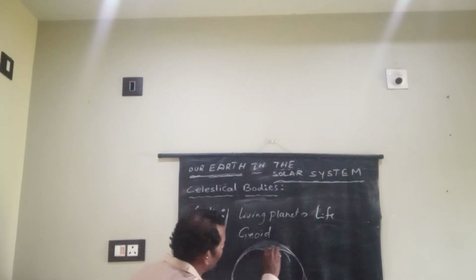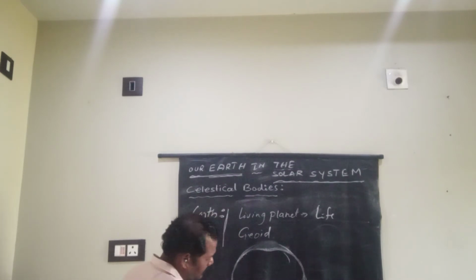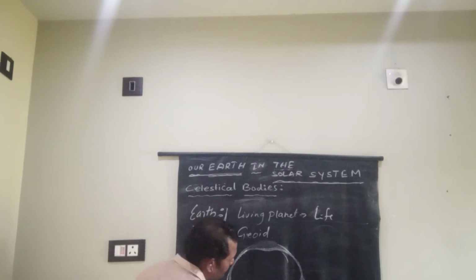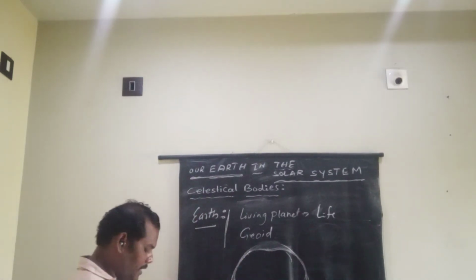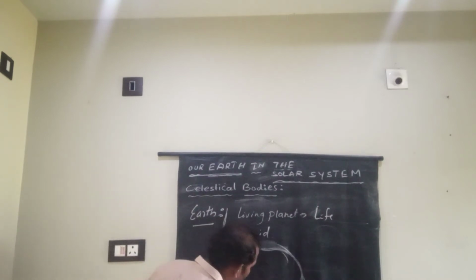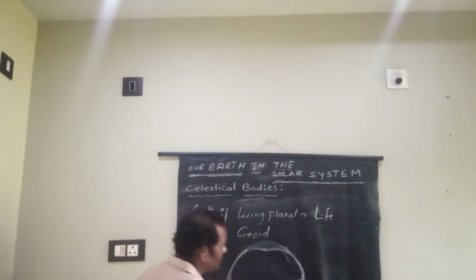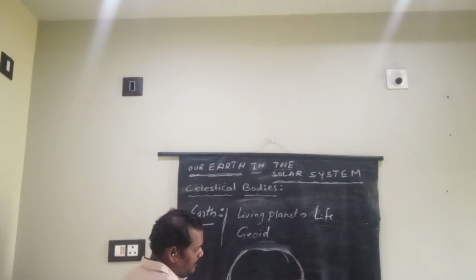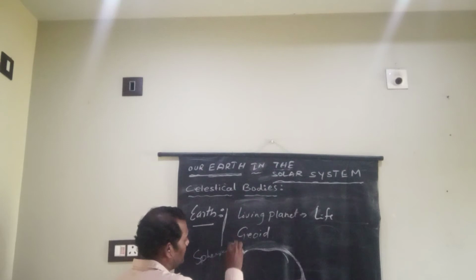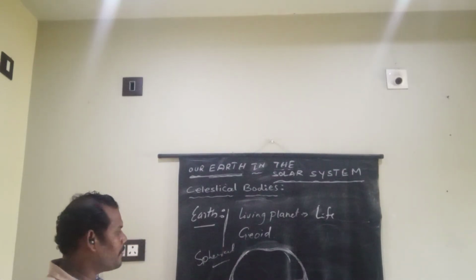Something flattens the earth at the poles, and at the equator, the middle of the earth, it bulges. This shape is called the geoid. Generally, we call it the spherical shape. Right? Spherical shape. This is the shape of the earth.